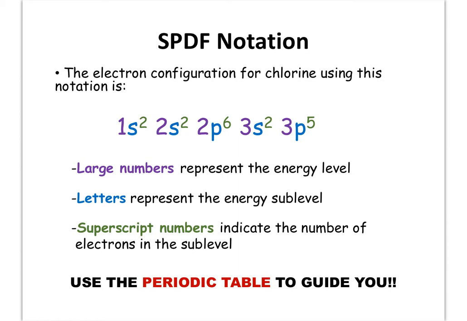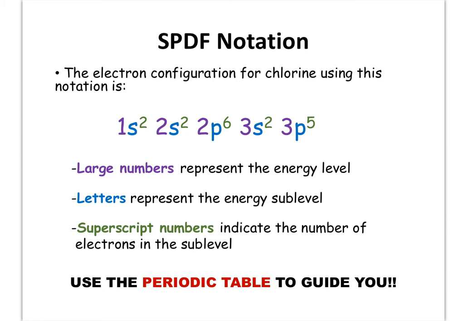What we're looking at here in purple, the large numbers, represent which energy level you're in. Remember, we can get the energy level from the rows on the periodic table, and they're always the big numbers in front. The letters represent the sublevel, so S, P, D, or F, and the green superscript numbers represent the number of electrons in every sublevel.